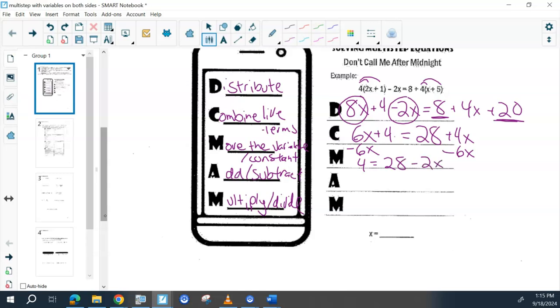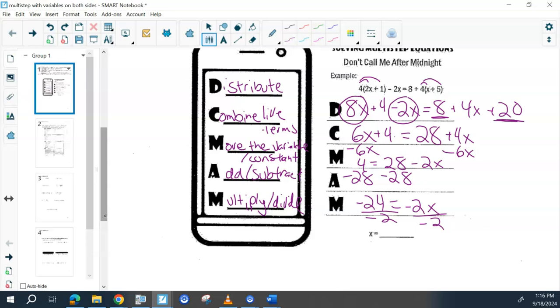Because we moved the x's to the right, we now have to move the constants back to the left. So we're going to get rid of 28 by subtracting it over. So that we end up here with all the constants combined on one side, all the variables combined on the other, then we could divide. So the x equals what?